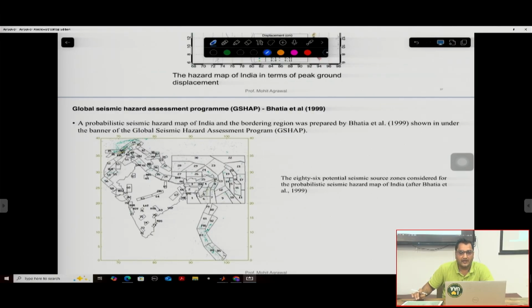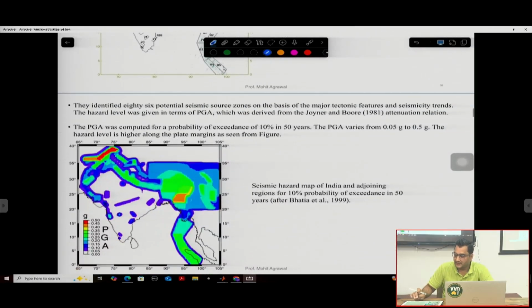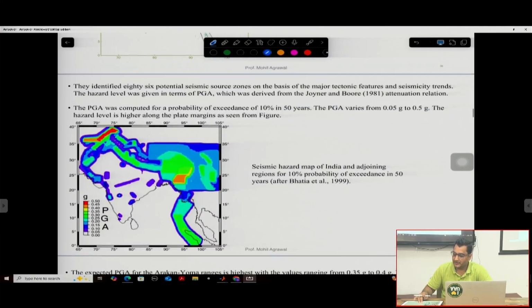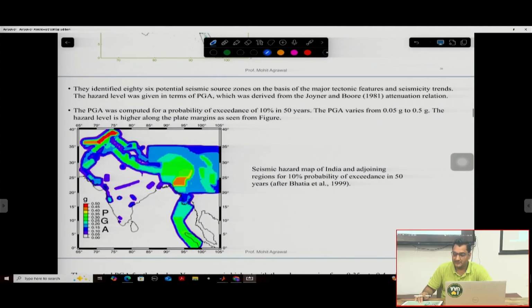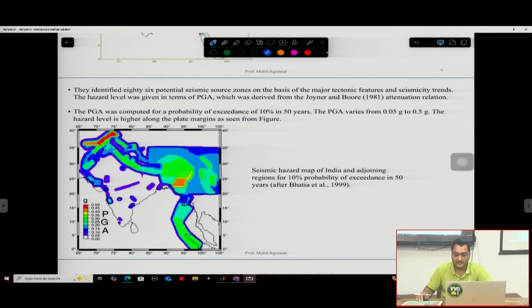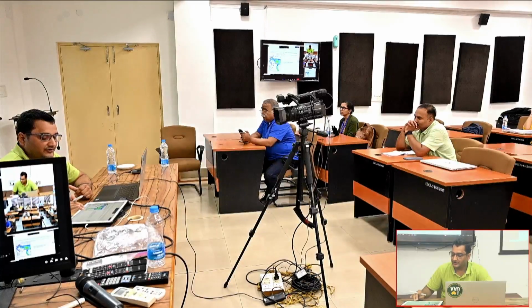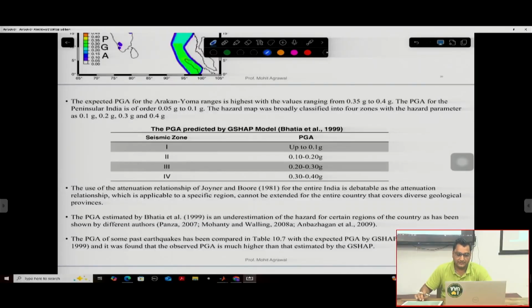They considered around 86 seismic source zones, and then they prepared the PGA values, and then divided the entire Indian subcontinent into several seismic zones, where they considered the probabilistic seismic hazard analysis using the regional or global relationship of the Joyner and Boore attenuation relation. And so this was the seismic zoning map published by Bhatia.